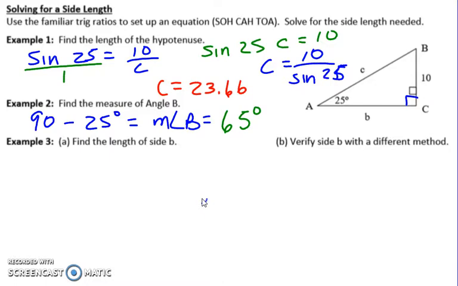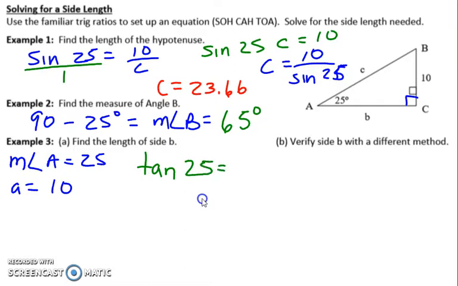So if we want to find the length of side b, again, I'm only going to use given information. So using that the measure of angle A is 25, and its side a is 10. So which trig function do you think we can use? Knowing the opposite and looking for the adjacent, we're going to use tangent. So tangent of 25 is going to be equal to the opposite, which is 10, divided by the adjacent b.